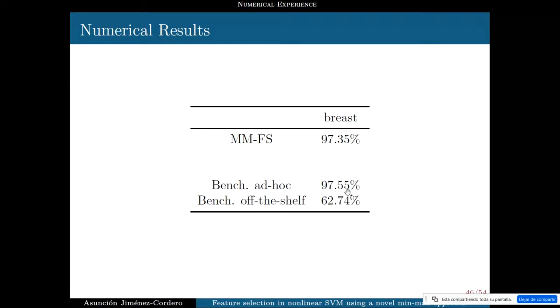And for the sake of comparison, we have also tested this very same benchmark strategy, but instead of using the ad hoc strategy, using off-the-shelf solvers. And you can see here that the results are very bad.